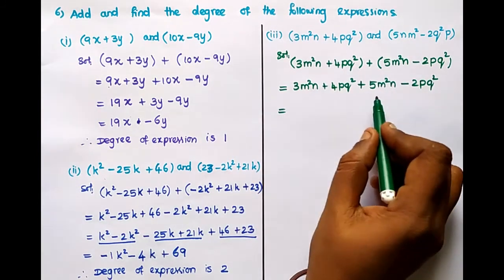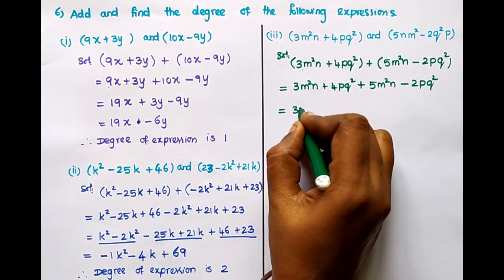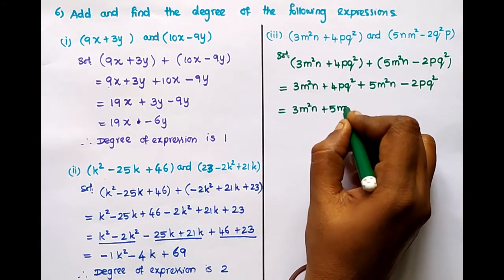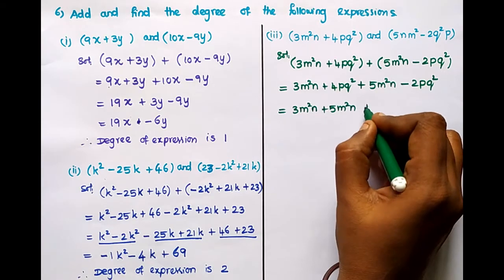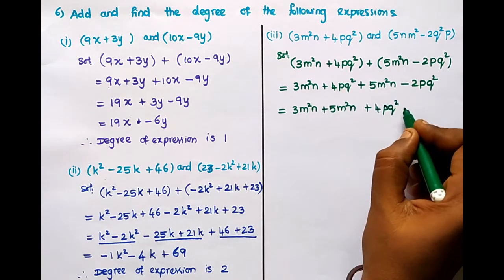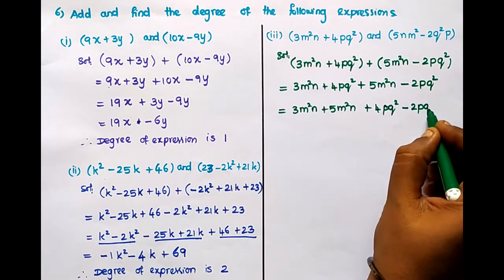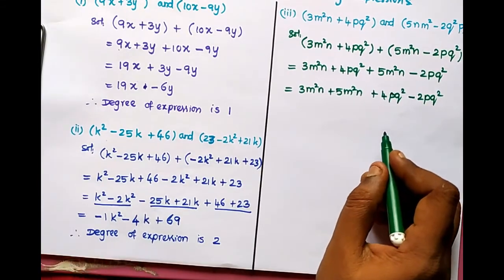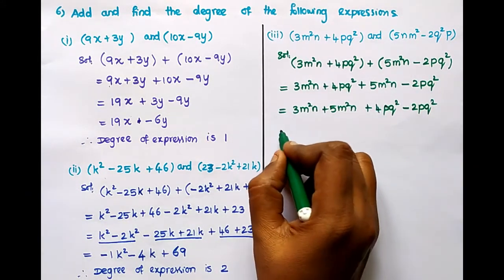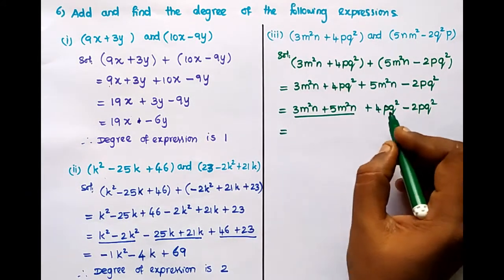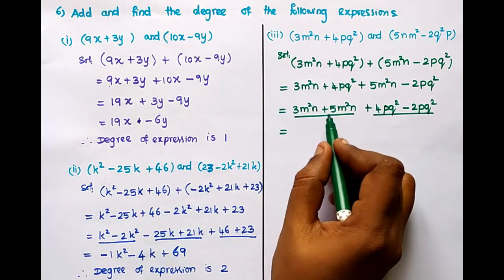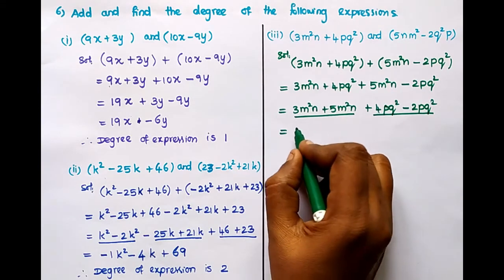Now assemble the like terms: 3m squared n and 5m squared n, plus 4pq squared and minus 2pq squared. Now add these two like terms, and here also like terms. Both are in positive sign. Add this and we get 8.